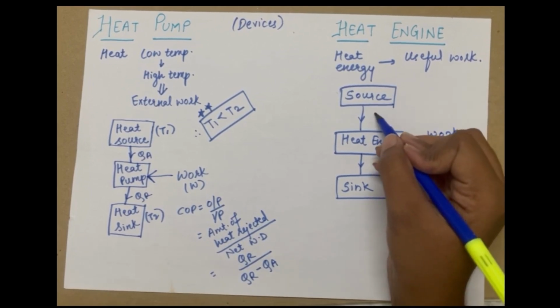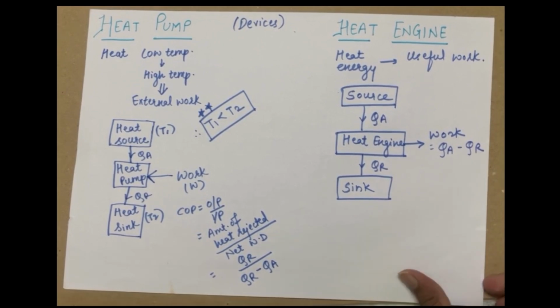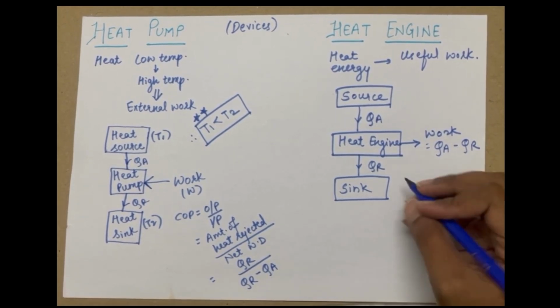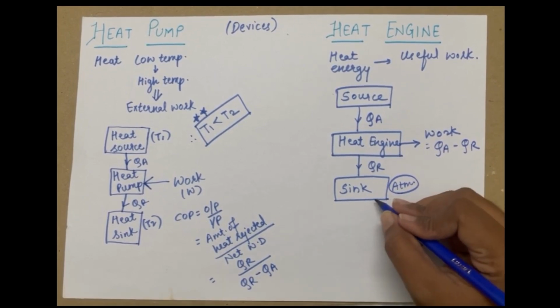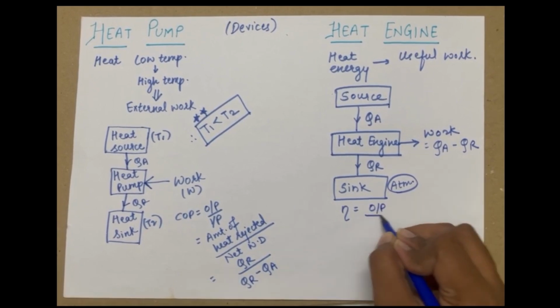Again, here heat engine absorbs some amount of heat and rejects some amount of heat. Now, the heat energy added to the system is not converted into useful work completely, but some amount of it is rejected to atmosphere, or we can call it a sink. Thus, for heat engine, we have the efficiency as again output upon input.